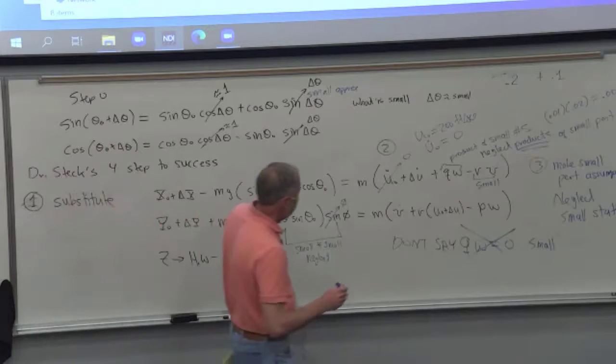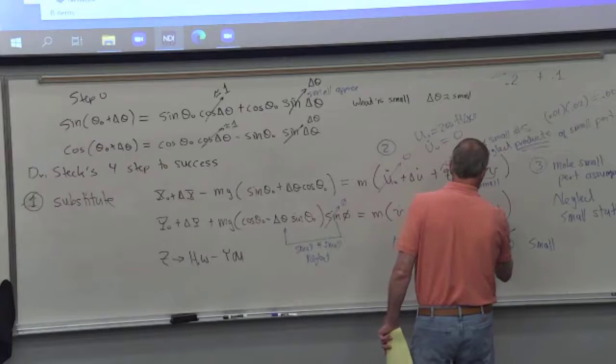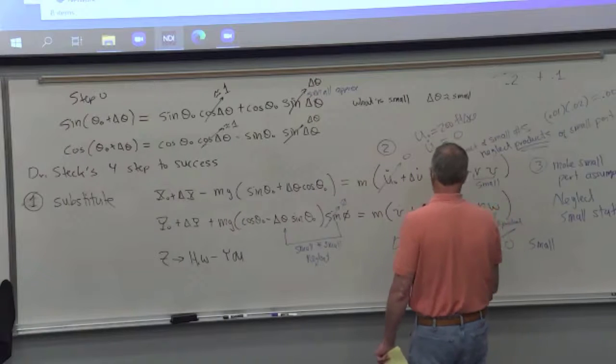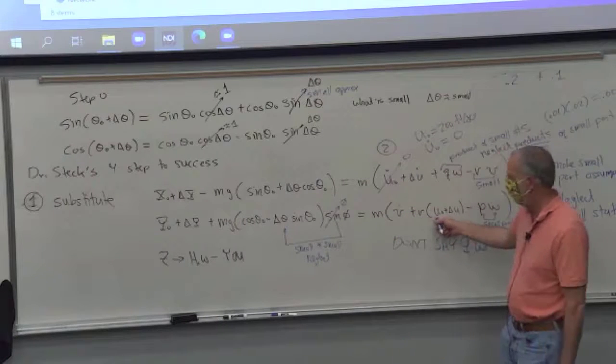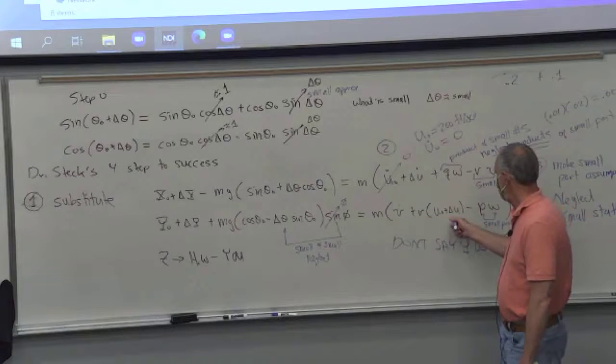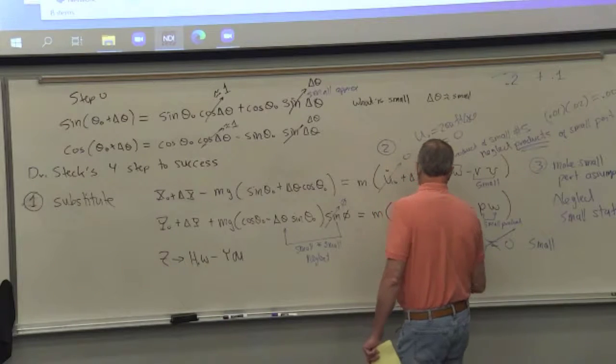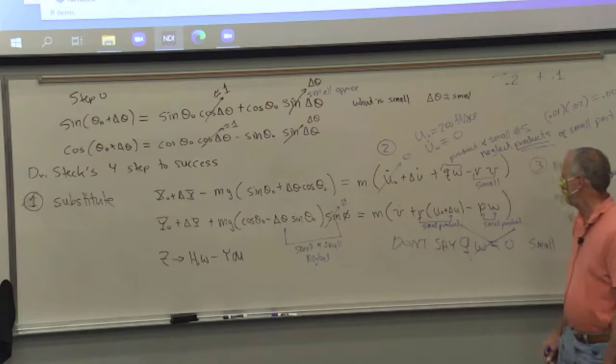How about over here? We say this is a small product. How about here? R times U0. Small times big. We've got to keep that. Small times small, we can neglect. Again, you're going, wow, there's a lot of stuff going on.